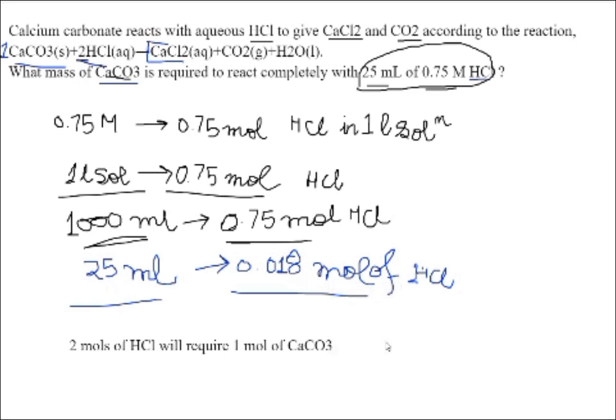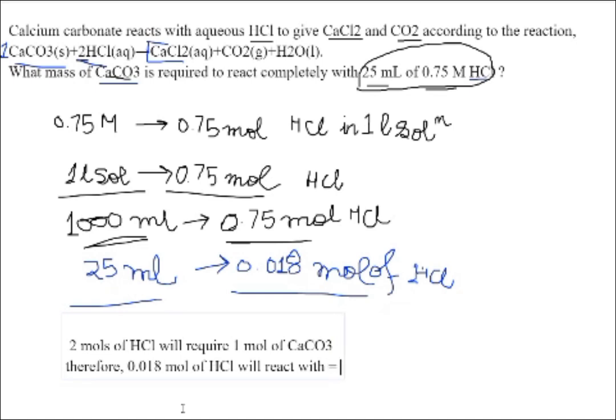which means, therefore, you might also write that 0.018, which is your number of moles of HCl. You have found it out yourself. So 0.018 moles of HCl will react with, by simple unitary method, you can say 1 by 2 into 0.018.